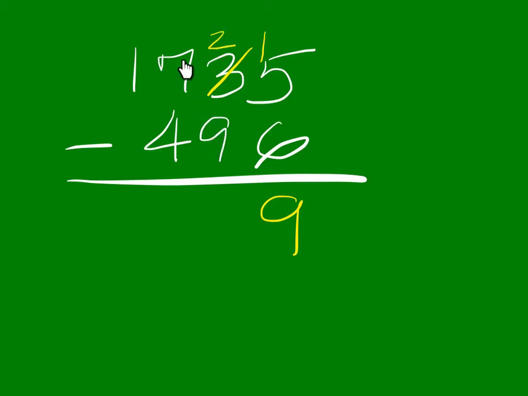We can't do that. So we have to borrow from the 7 and make that a 6, and then turn that 2 into a 12. 12 minus 9 is 3. Now we have 6 minus 4. We can do that. And the 1 minus nothing is just 1. 1,239.